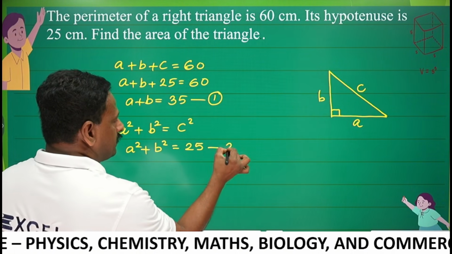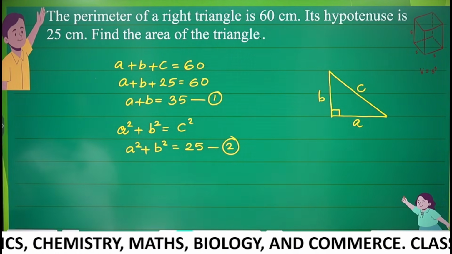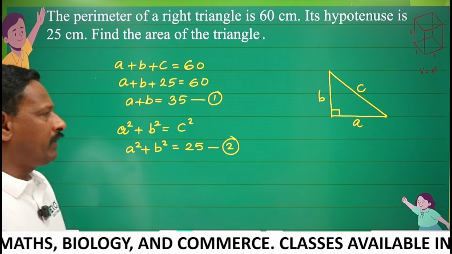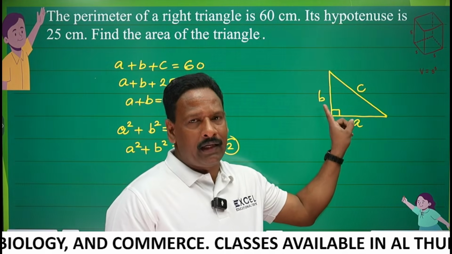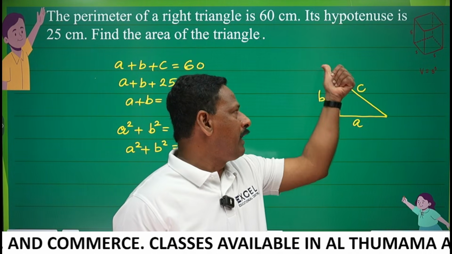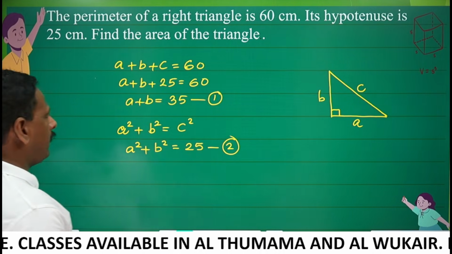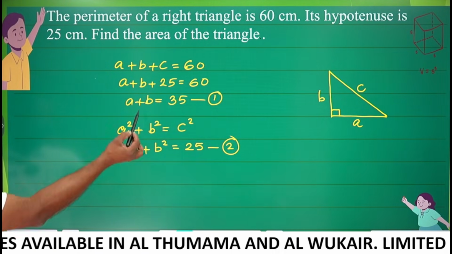That is equation number 2. We have to find the area of the triangle. The area of a right angle triangle is half into base into height. For that we need A and B. So in order to get A and B, we have to connect these two.